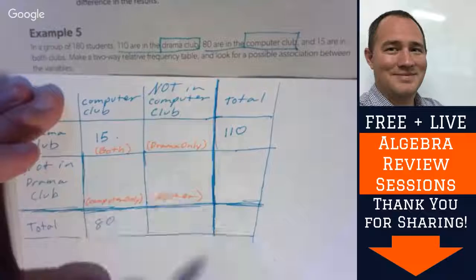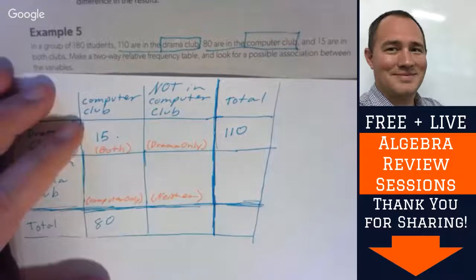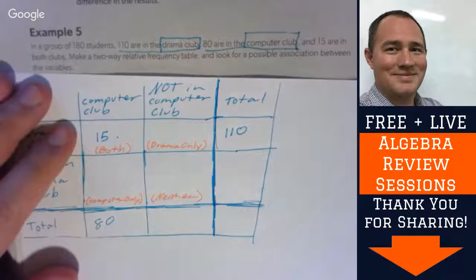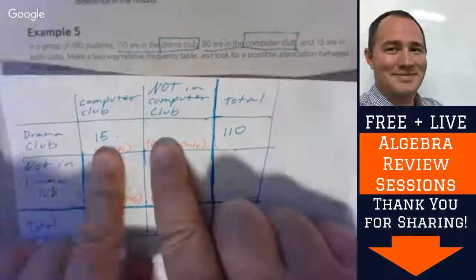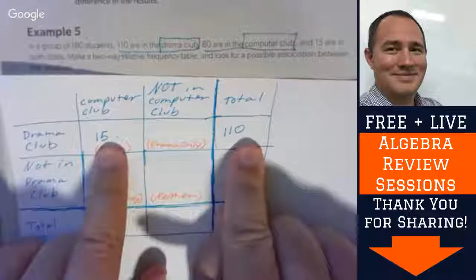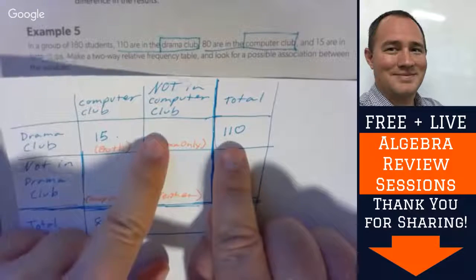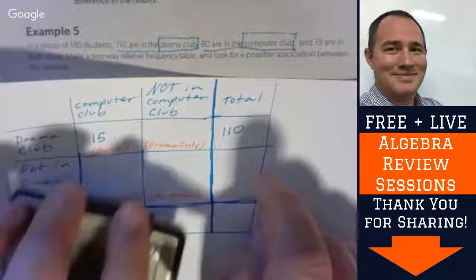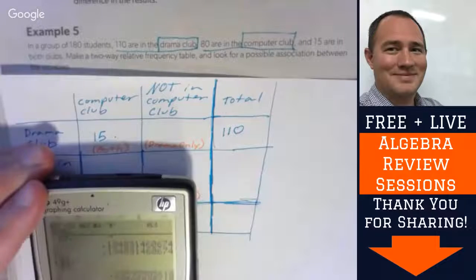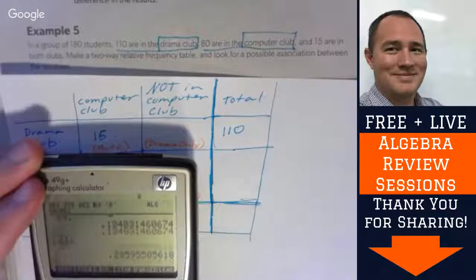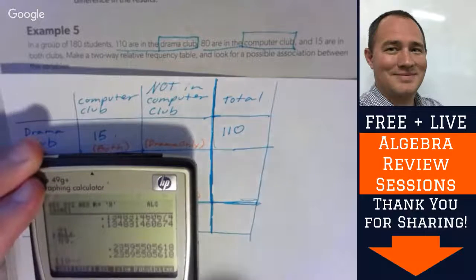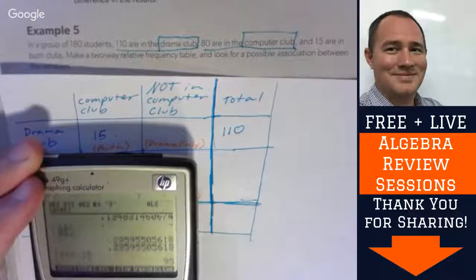We'll leave the blue as the ones that they explicitly gave us at the beginning, and let's see how many we can figure out. So 15 plus x gets us to 110. So this is going to be 110 take away, how many are in that cell? 15. Gives us 95.